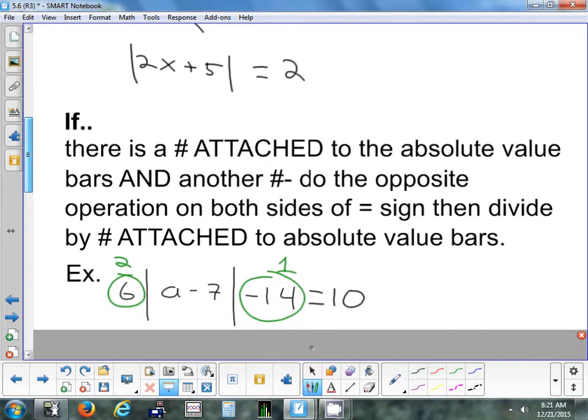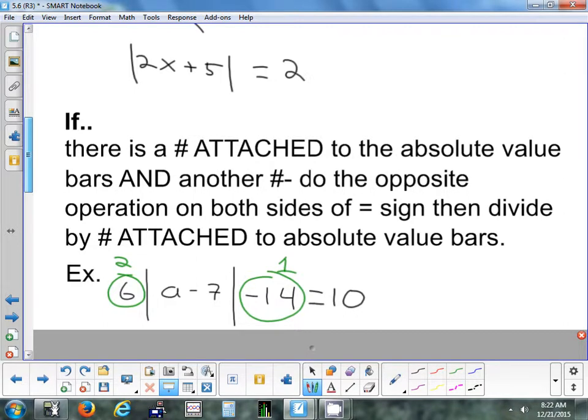Step 2, divide by the number that's attached. You guys got a spot on your note sheet, just write in that step. Now, are you guys going to have to do that on every single problem? No. As I just showed you, some problems are already going to have it by itself. You're going to be able to jump right to step 2 and skip all this stuff.